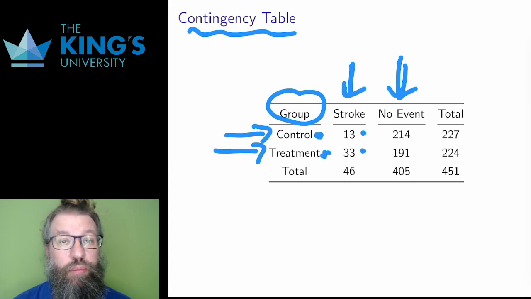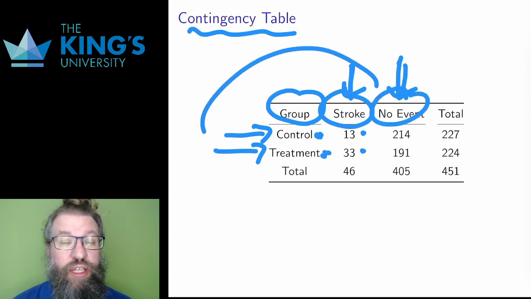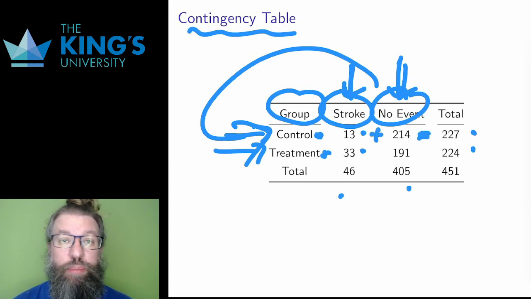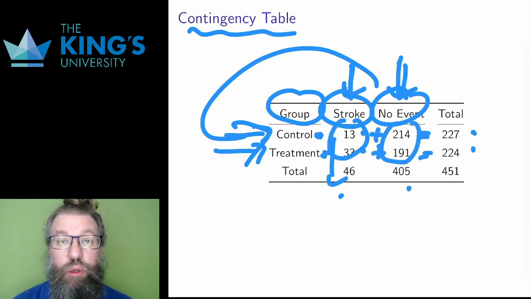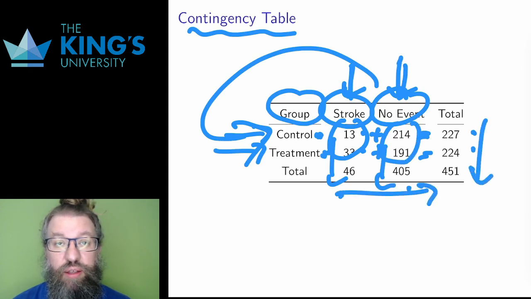It's called the contingency table, since it records how other categorical variables are contingent on some fixed categorical variable. The totals are included on the right and at the bottom. The right is the totals in the control and treatment groups, and the bottom is the totals in the stroke and no event variables. Adding them all up gives the check on the bottom right that we have accounted for all the possible cases.